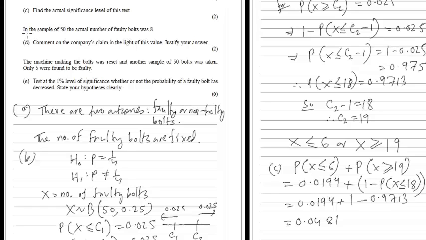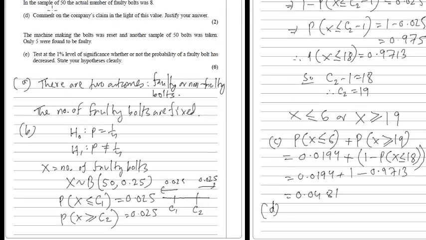Next, in the sample of 50, the actual number of faulty bolts was 8. This is actually a common question with critical region. So if it is 8, now 8 does not fall in the critical region.